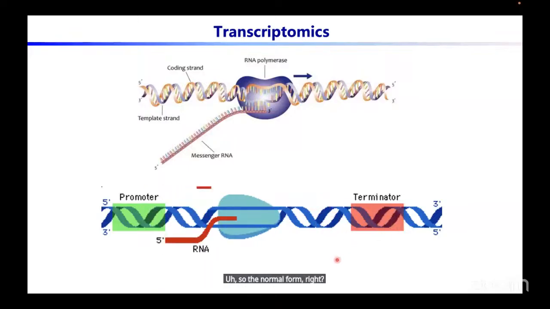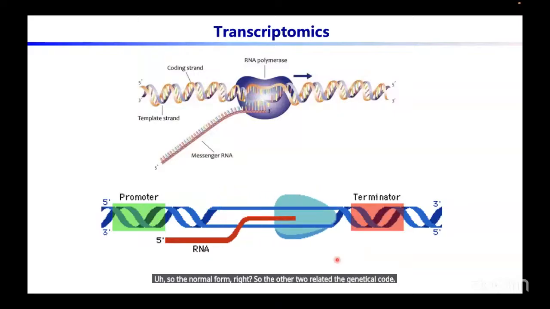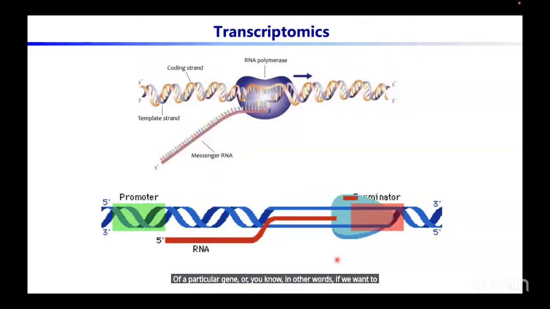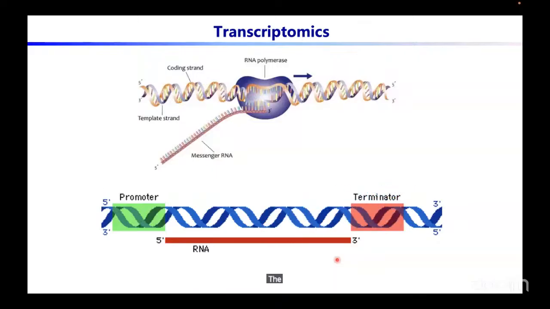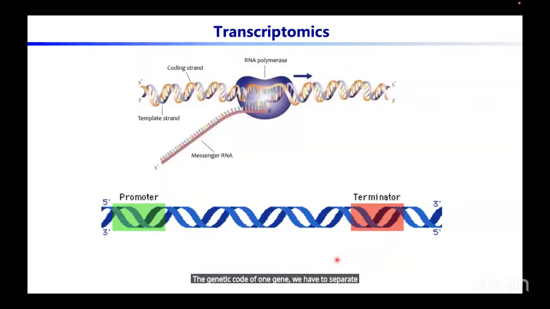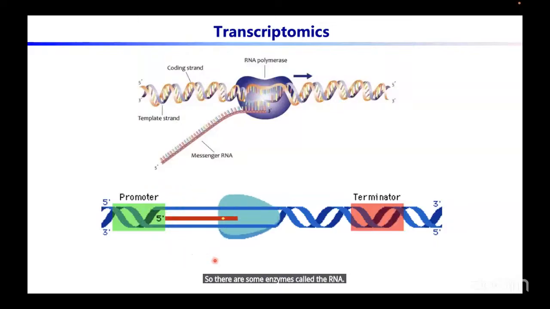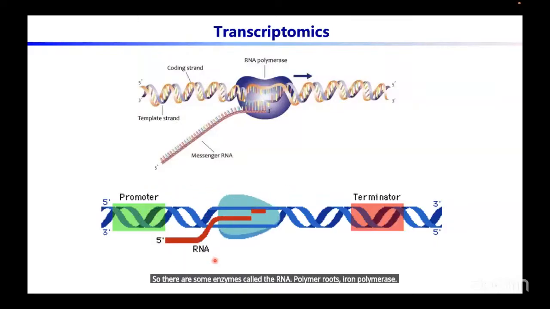In order to read the genetic code of a particular gene, or in other words, if we want to transcribe the genetic code of one gene, we have to separate the double helix. There are enzymes called RNA polymerase. RNA polymerase can help us to do that.